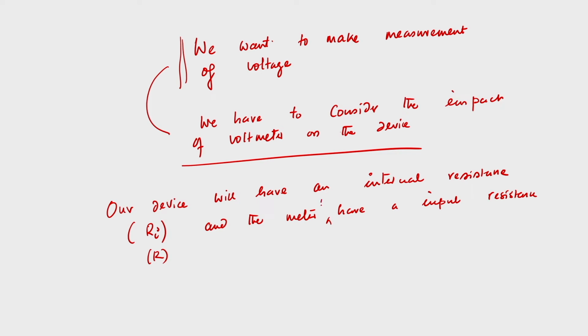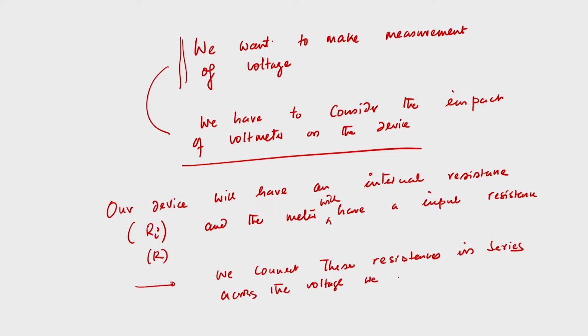The internal resistance of our device is Ri, and the meter will have an input resistance R. Now what we normally do is connect these resistances in series across the voltage we want to measure.